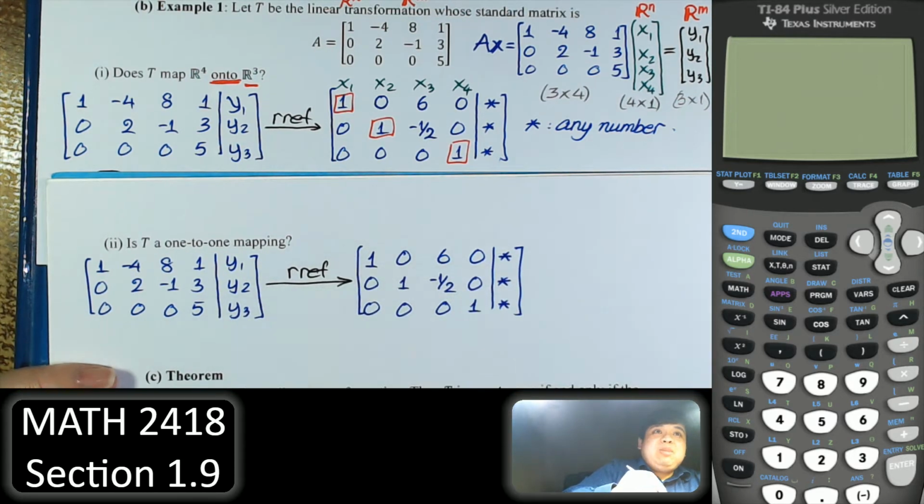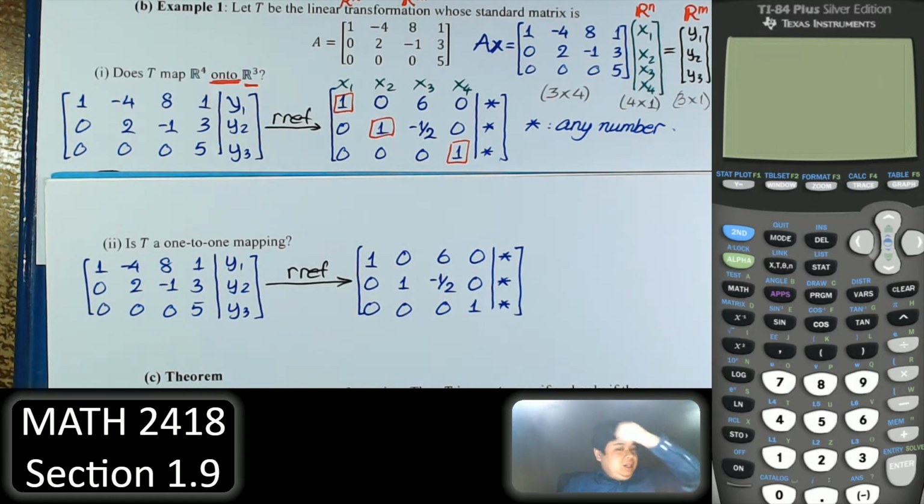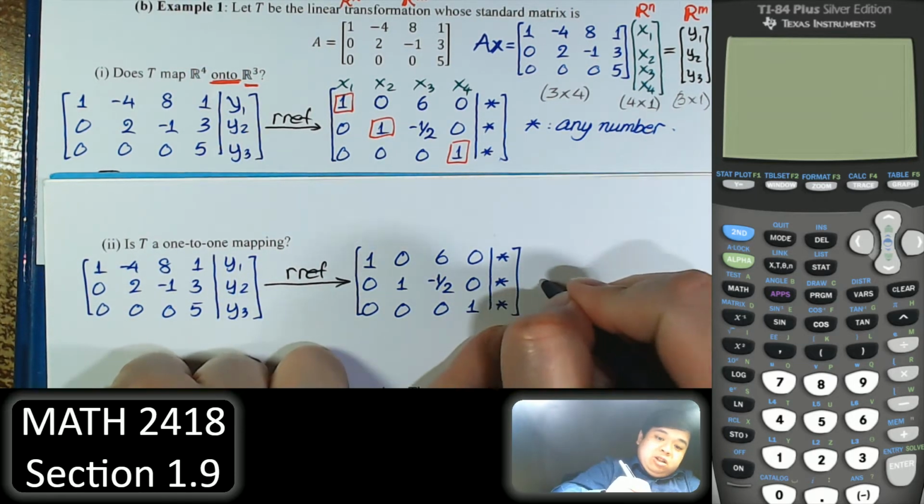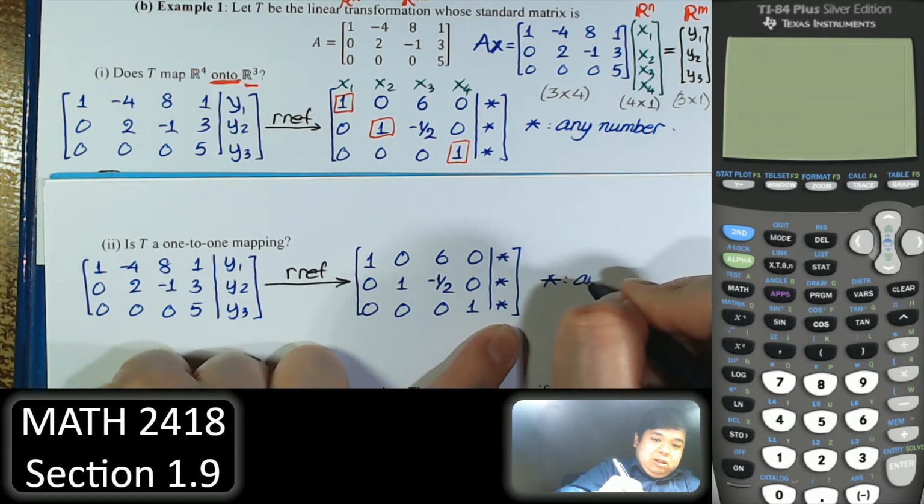Once again, it doesn't matter what y1, y2, y3 is. In the reduced echelon form, we end up with this, where the star can be any number.